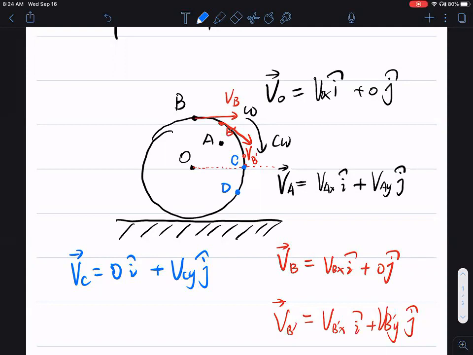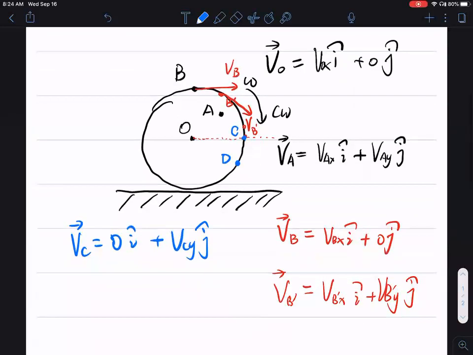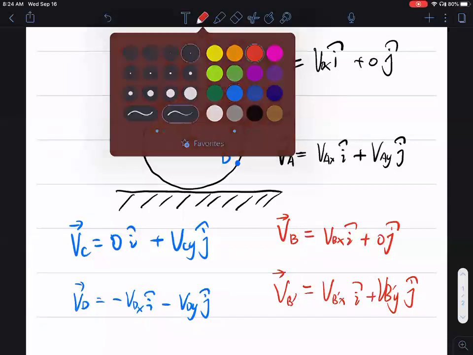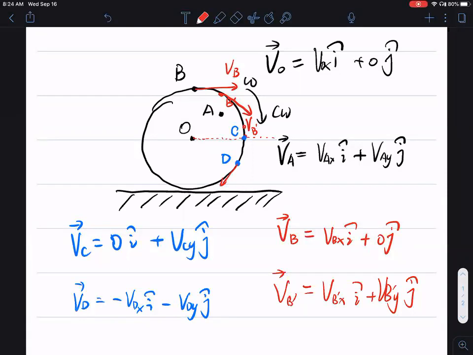Once you pass that point, at point D, the velocity starts to point in the negative direction on both I and J. So if we write out the velocity vector for D, it's gonna look like VD equals negative something I plus negative something J. You can kind of apply this to any point on the wheel.